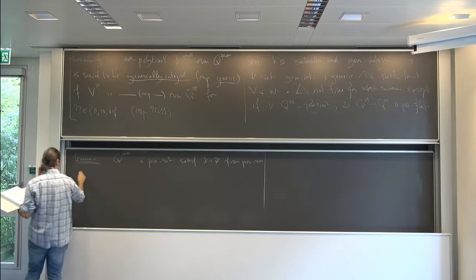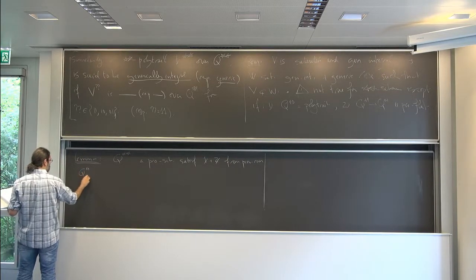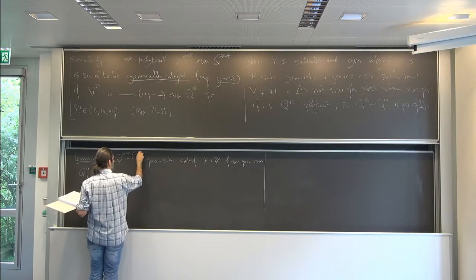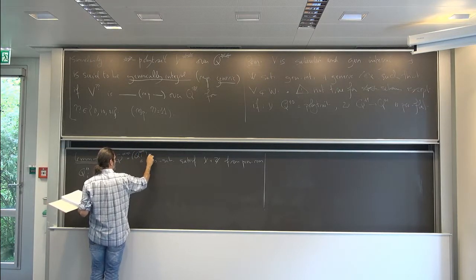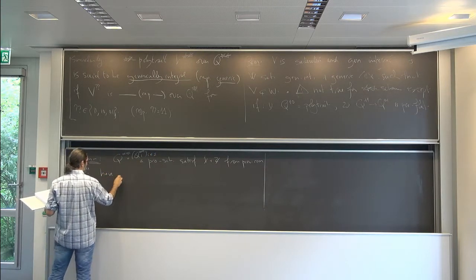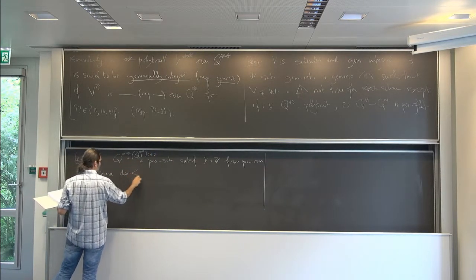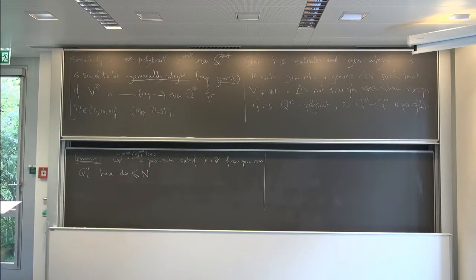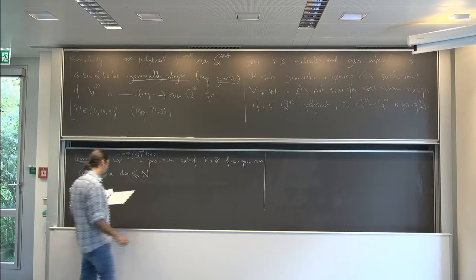We also assume that the Q(i) have dimension smaller than some big integer n, which is independent of i.